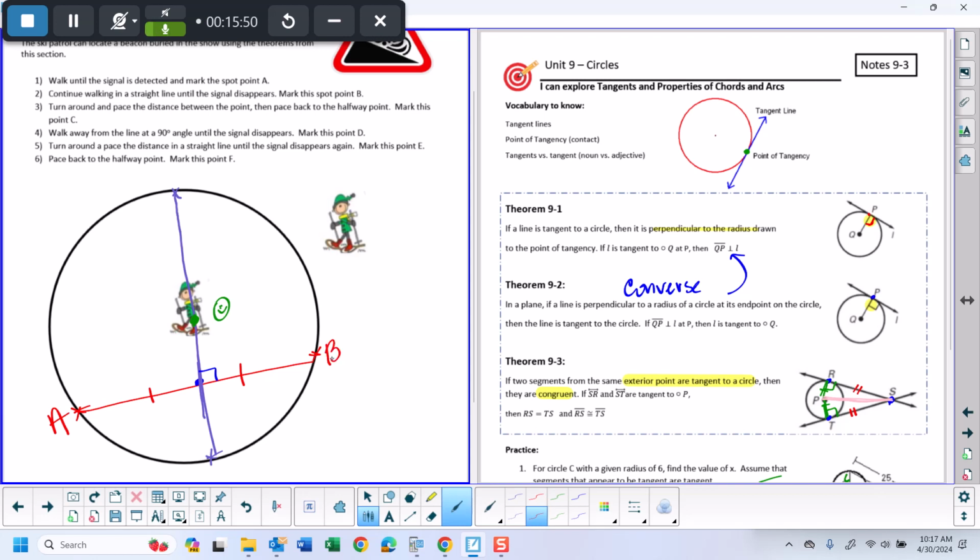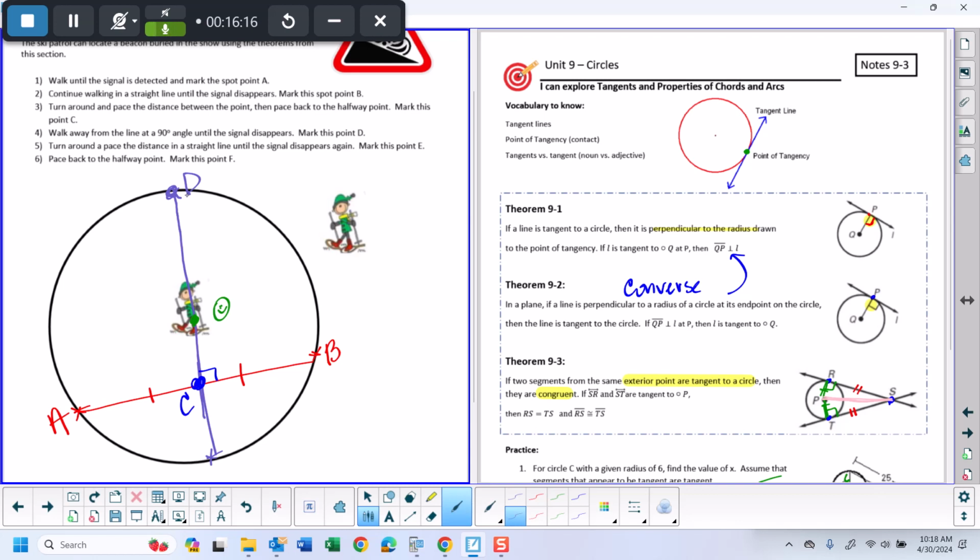Turn around and pace the distance between the points and come back to the halfway point. Mark that point C. We'll call this my halfway point. Walk away from the line at a 90-degree angle until the signal disappears. Mark this point D. That's what we did here when we walked away. Turn around and pace the distance in a straight line until the signal disappears again.